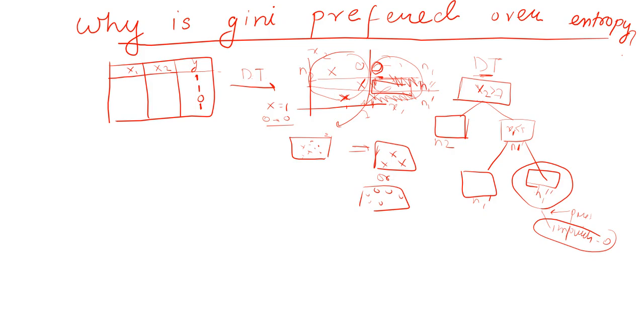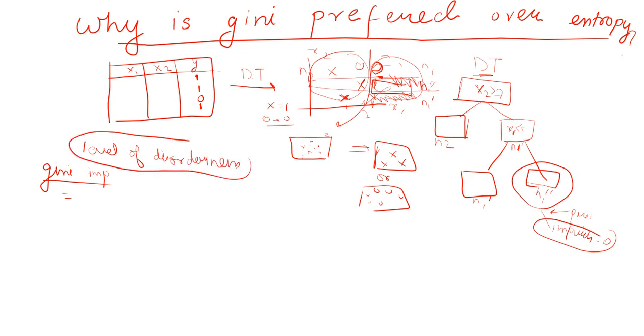Now, what is the role of Gini impurity and entropy? Gini impurity and entropy both are used to measure the level of disorderness in a particular node.